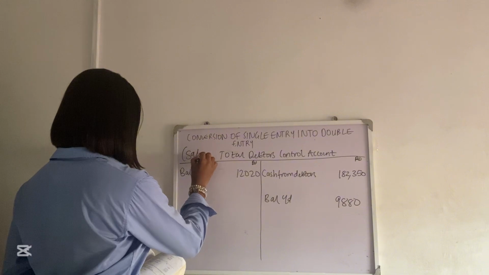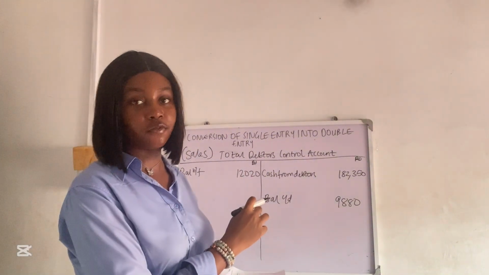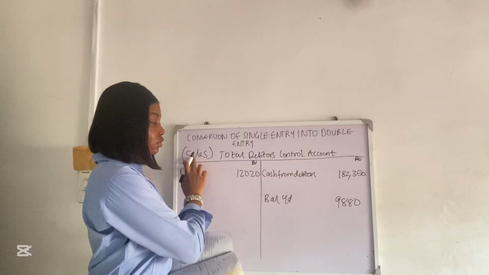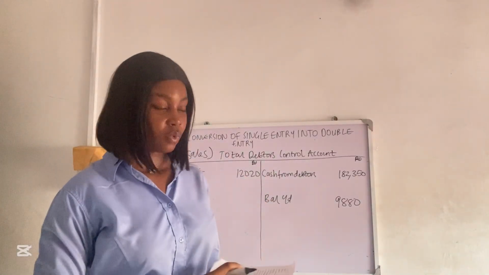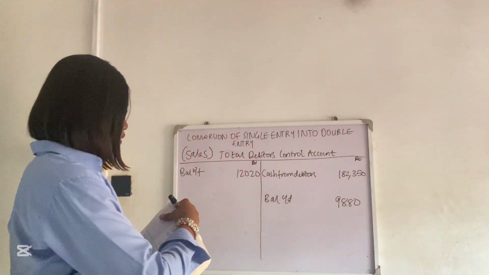So now, the balancing figure: what are we trying to get here? Our sales. If it was creditors, we know it is purchases we're looking for. Total debtors control account relates to sales, while total creditors relates to purchases, like we said in our previous video.